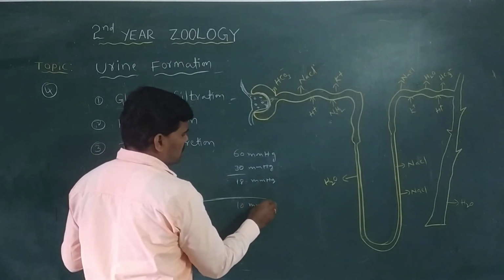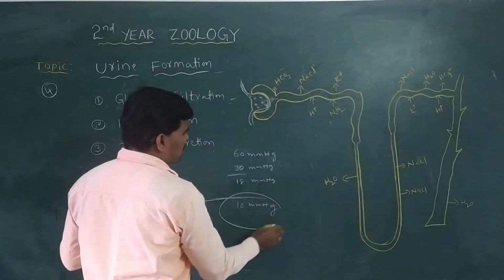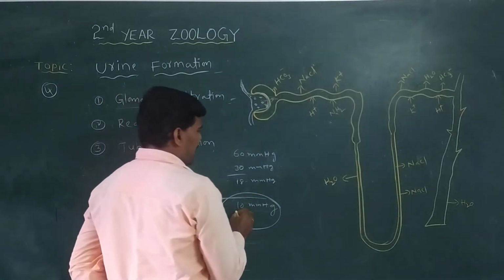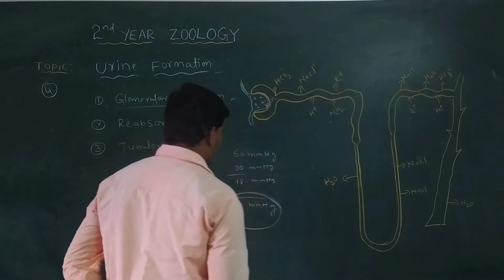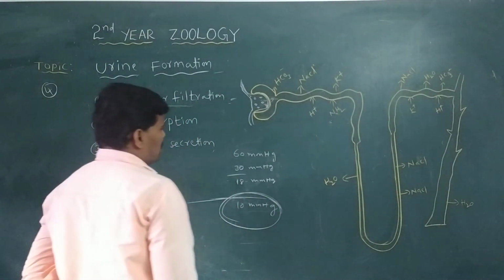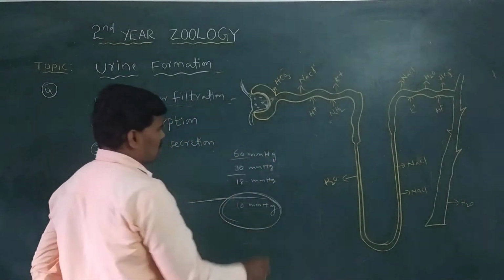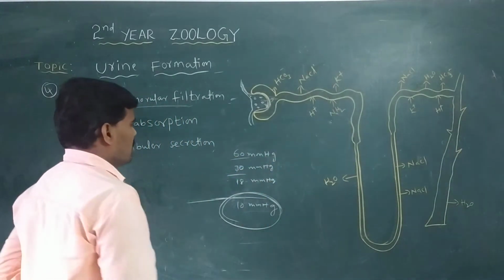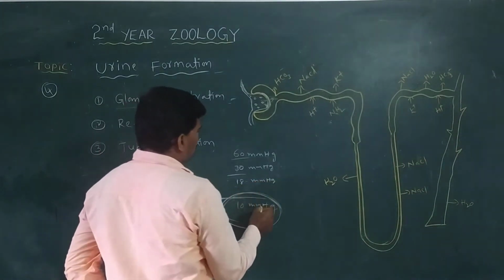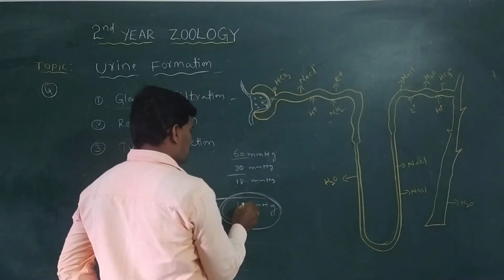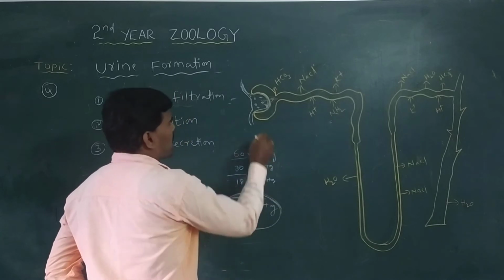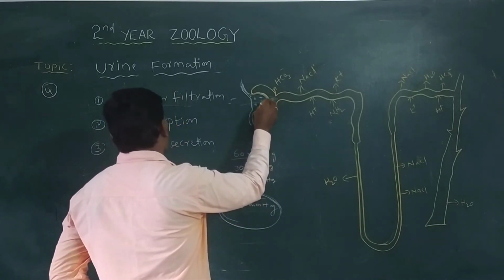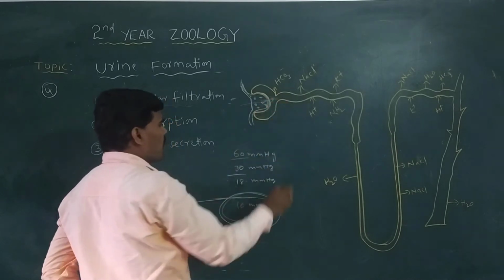So with a net hydrostatic pressure of 10 mmHg on the glomerulus, fluid is filtered into Bowman's capsule.